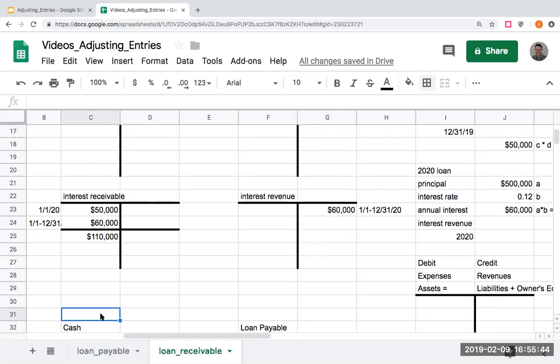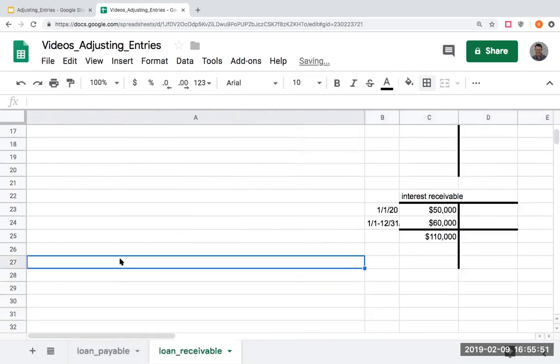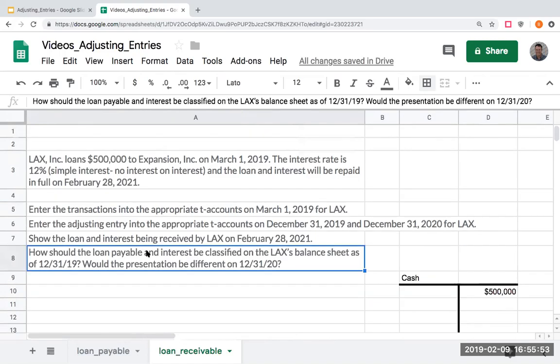Now, what ends up happening as of 2021? Before we answer that question, is the presentation on the balance sheet going to be different for the loan on December 31st, 2020? The answer is yes. Why? The reason is that on December 31st, 2020, unlike December 31st, 2019, the loan is now due to me within a year.